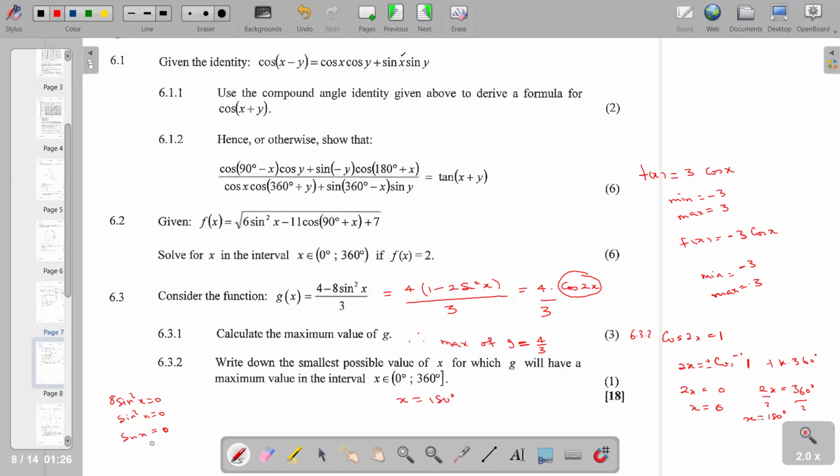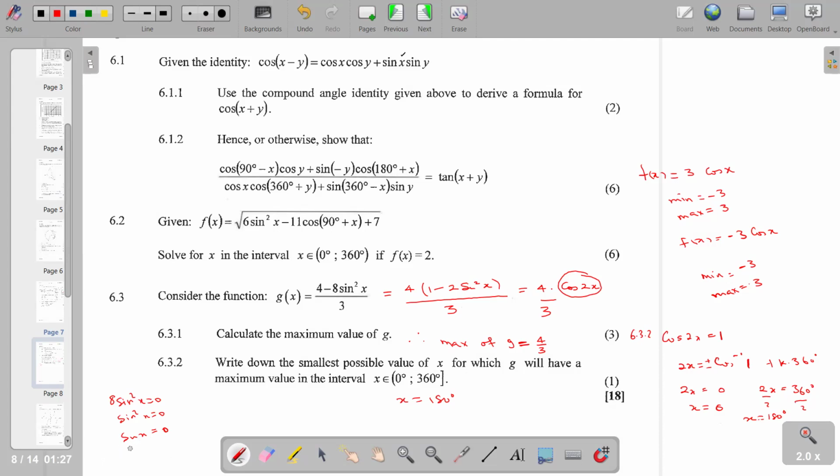How are you going to simplify that? So sine x is going to be 0 where? Sine x is going to be 0 at 0.